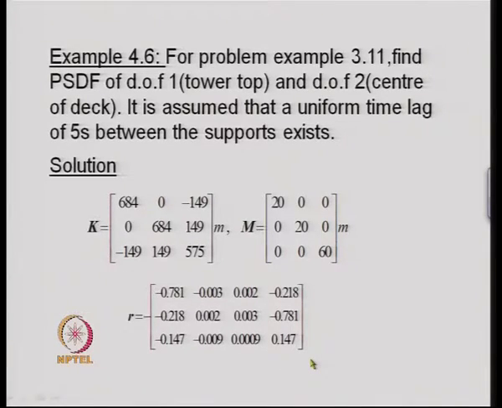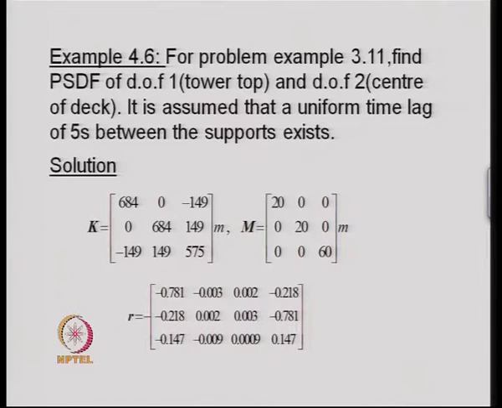So, that constitutes the R matrix. With the help of that we try to obtain the power spectral density function matrix of degree of freedom 1 and degree of freedom 3, and we proceed with the equations that we described before.